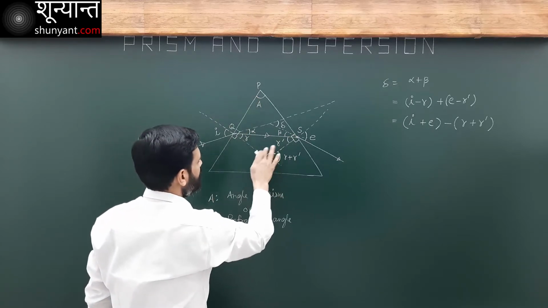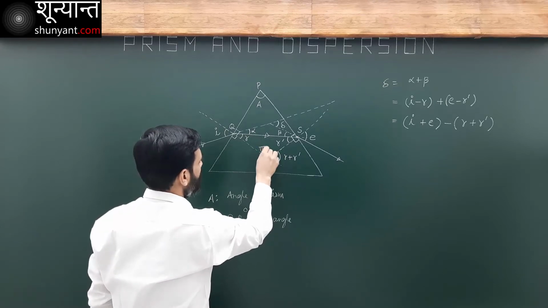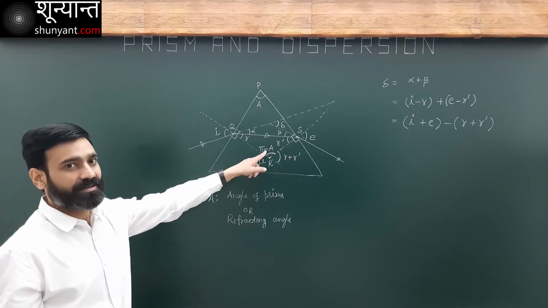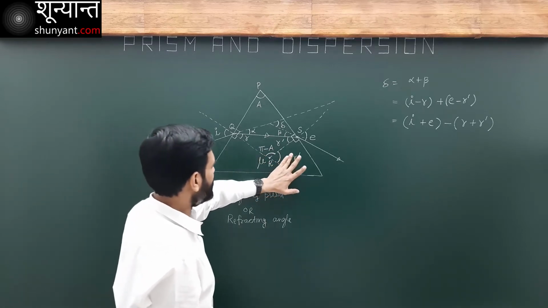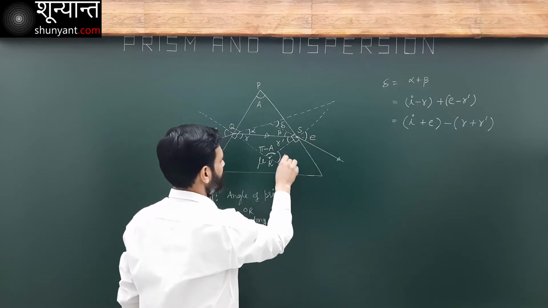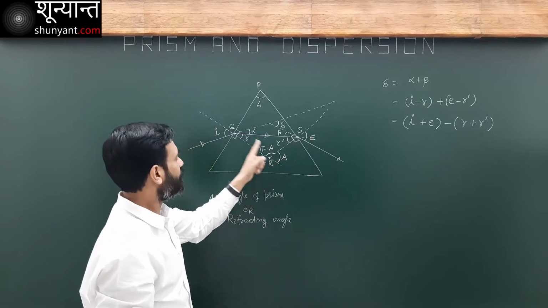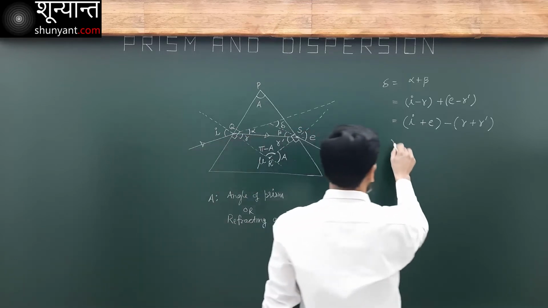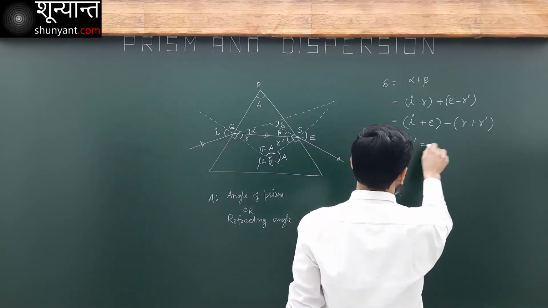That means this angle here is equal to pi minus A. That means this angle here is going to be equal to A. And A is equal to R plus R dash. So R plus R dash is equal to A.